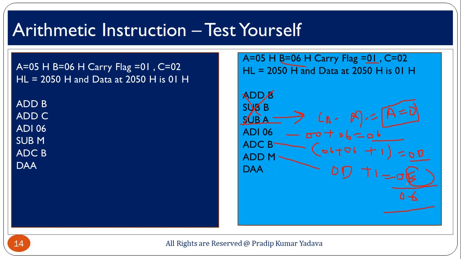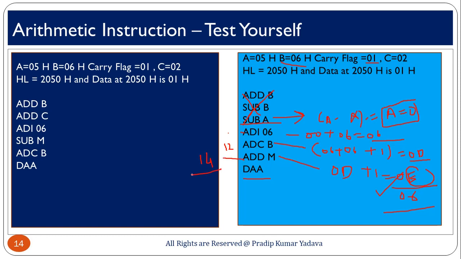Why did I add 06? Because here we are using DAA, and DAA will check both nibbles, the lower and the higher. Here we can see the lower nibble is greater than 9, so add 06. Now just try to solve it using decimal consideration. Here 06, B is 06, that will be 12, and plus 1 carry flag, that will be 13, and M, that will be 14.